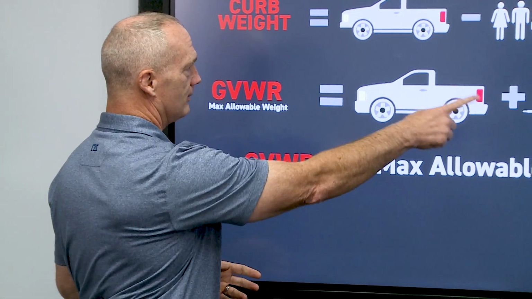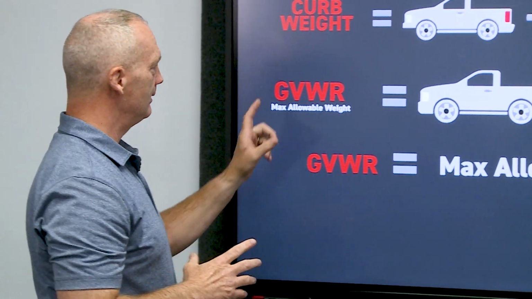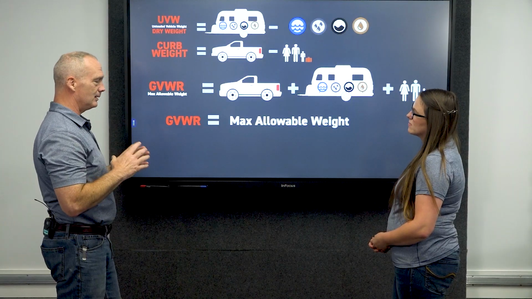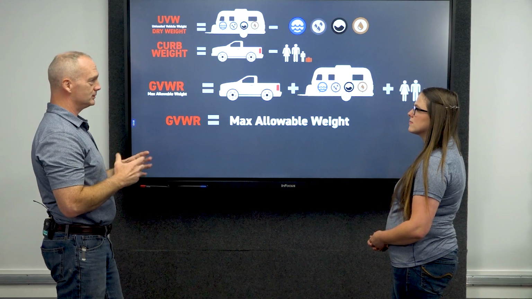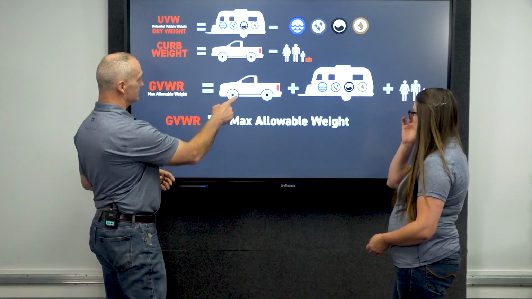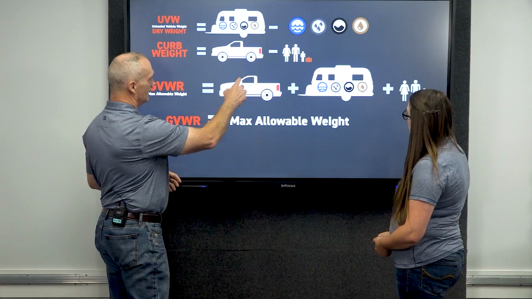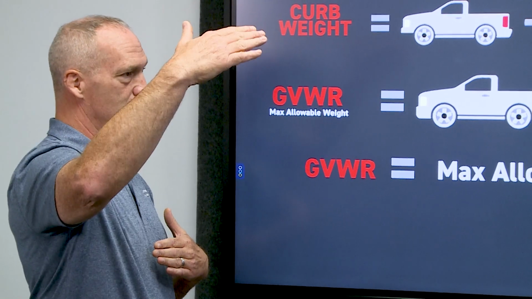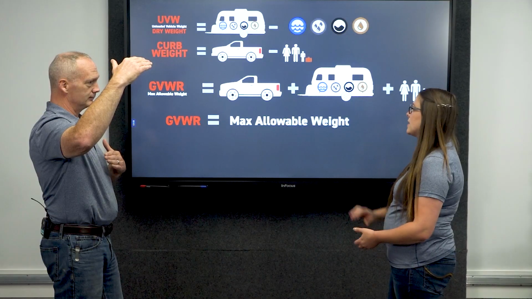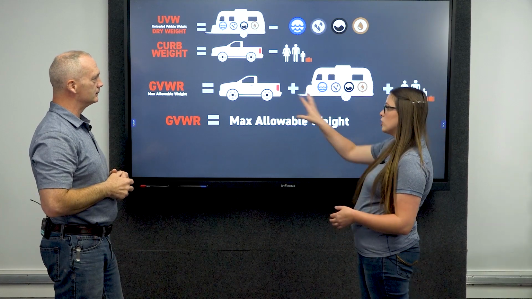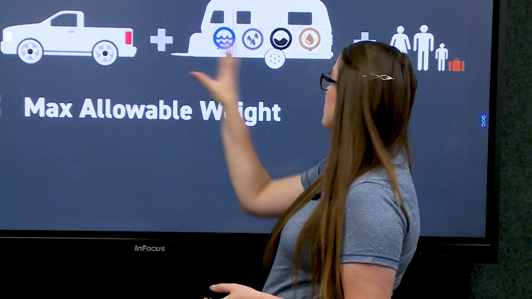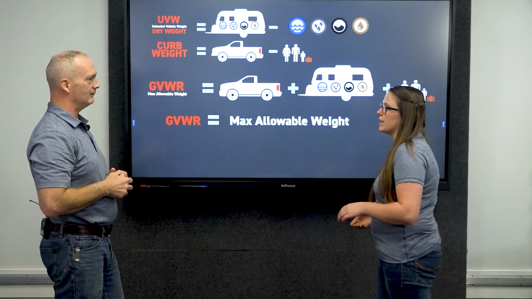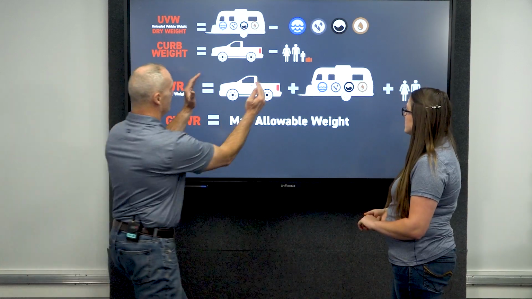So each one of these vehicles have a little plate in them that say the GVWR for each vehicle. So what I mean by that is the truck has a maximum amount of weight you can put on there. And that includes what you're towing and what you're putting in the bed of the truck, right? And the people that are going in the car. Okay. Everything, yeah. But it's only for this.